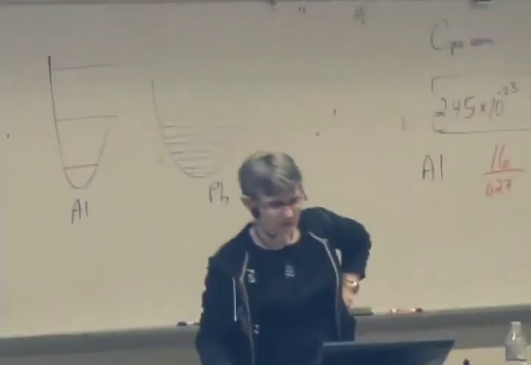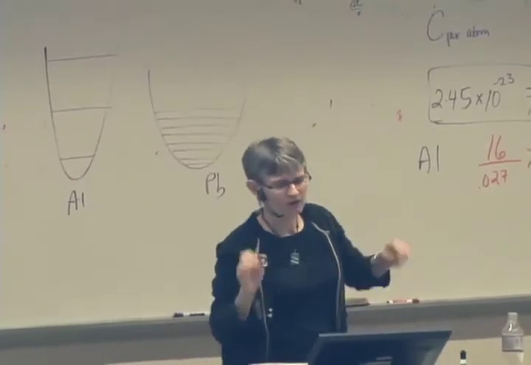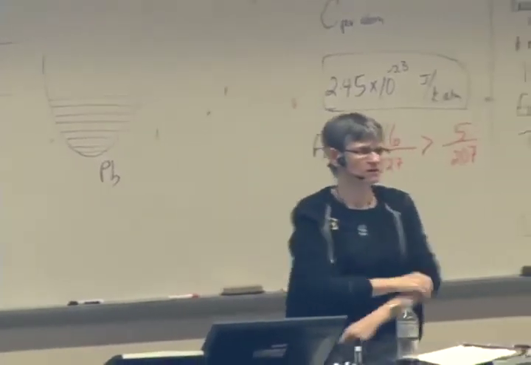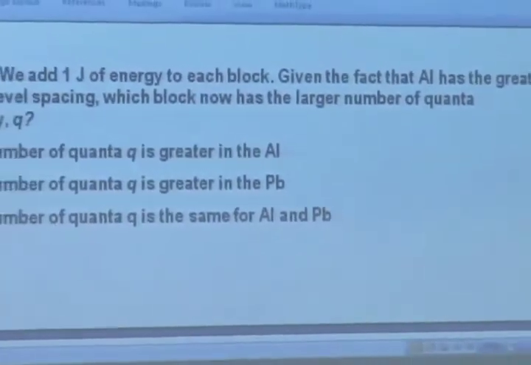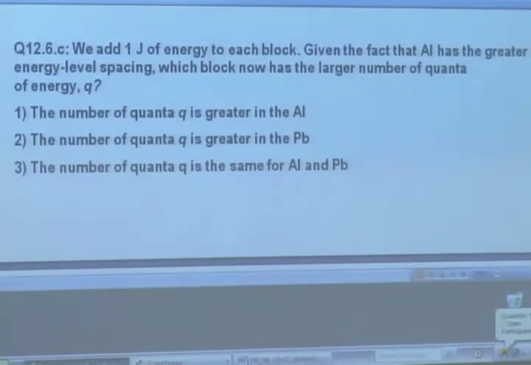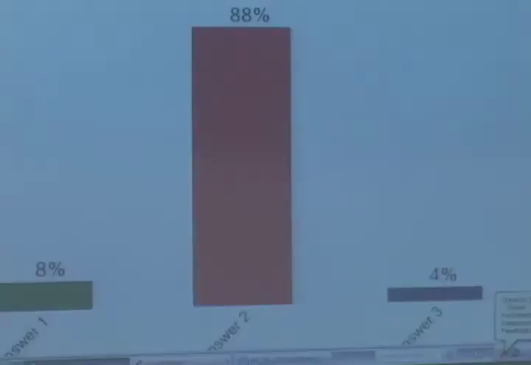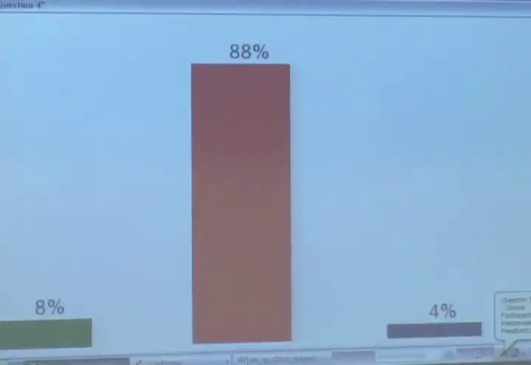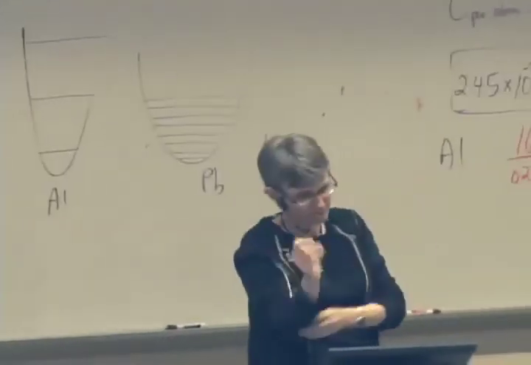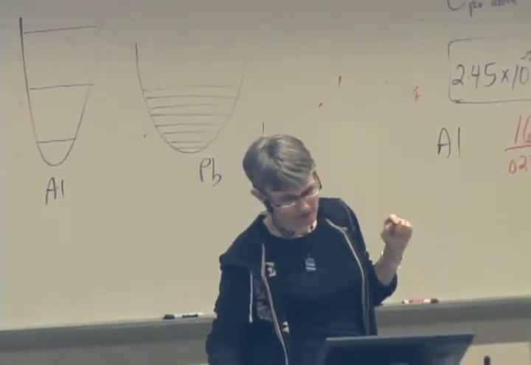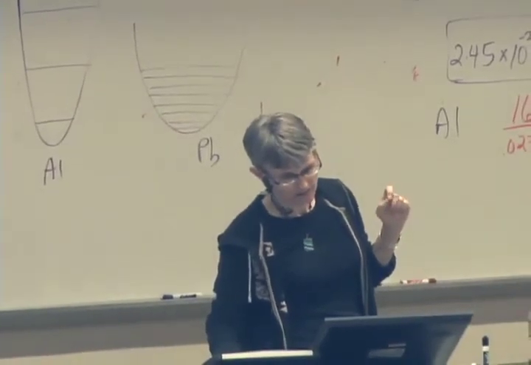So the next step is we put 1 joule into each block. Which block got more quanta? Yeah, so we end up with more of these closely spaced levels. 1 joule is just a lot more quanta, a lot more levels than it is here. So we put 1 joule in and we've ended up adding a lot more quanta for lead.